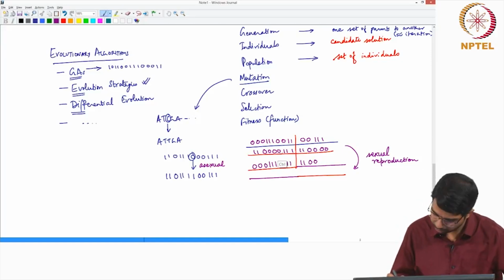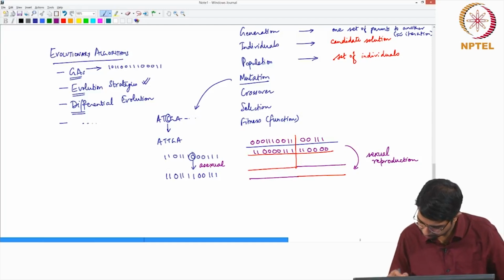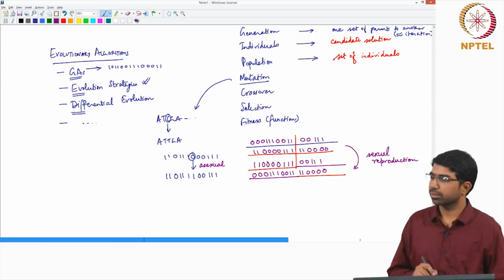Sorry, that should have come down. So, this will now become 0 0 0 1 1 1 0 0 1 1 0 0, sorry, 1 1 0 0 0 0, and this becomes 0 0 1 1 1 1 1 0 1 1 1 0 0 0 0 1 1, right.